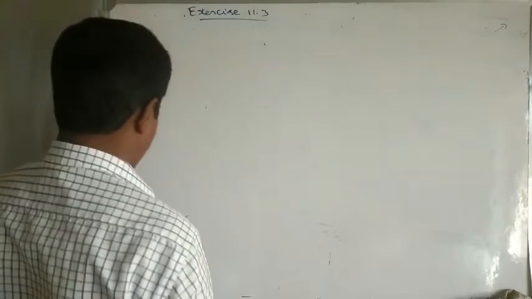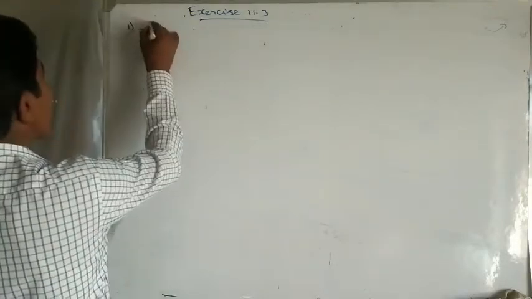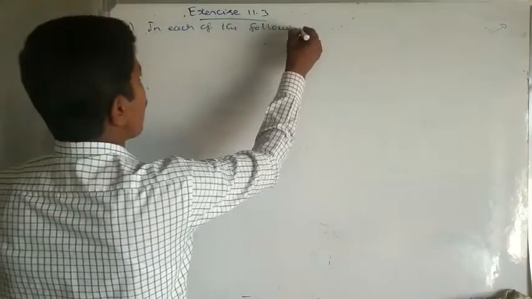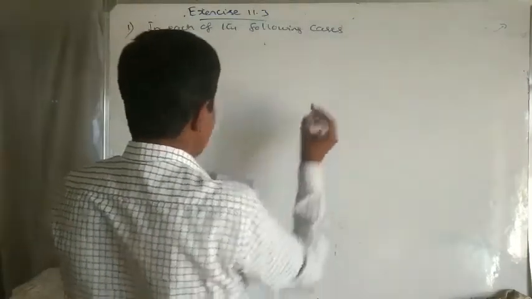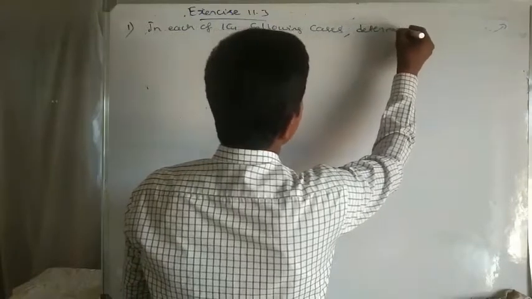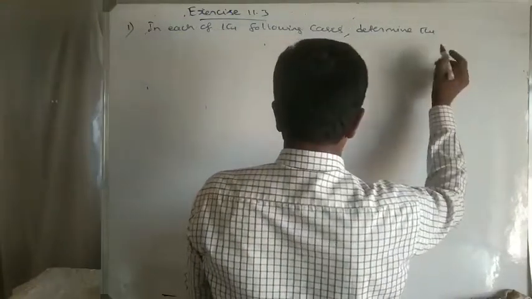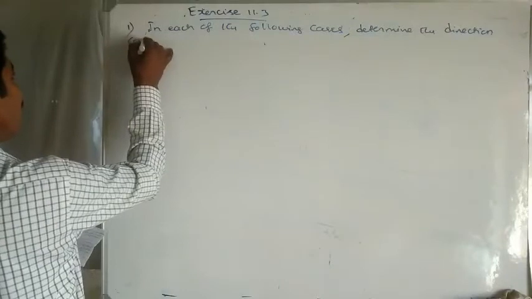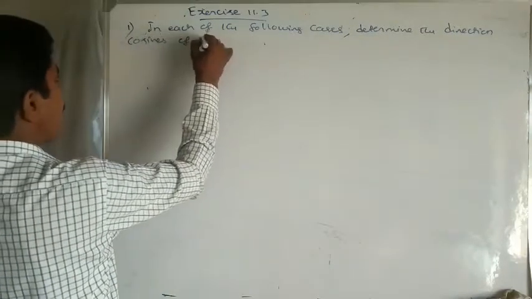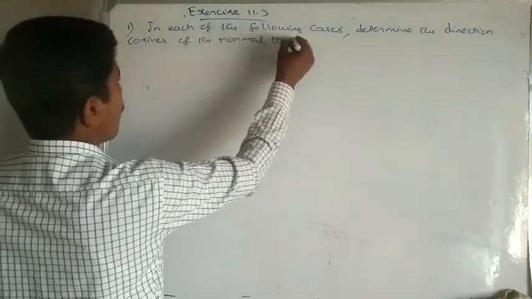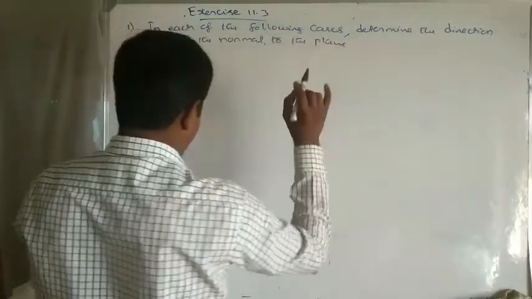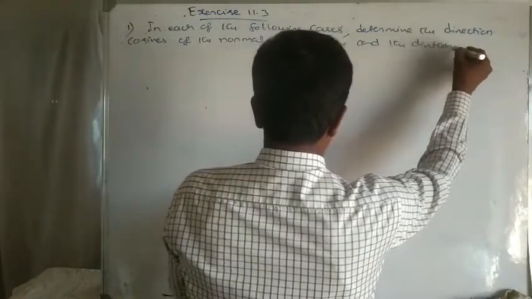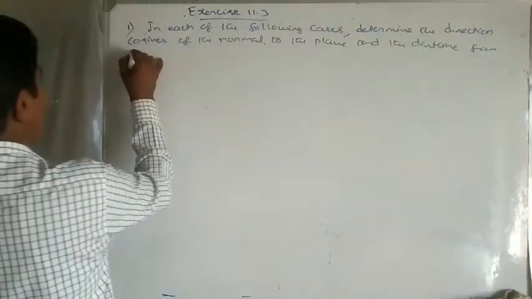First problem. In each of the following cases, determine the direction cosines of the normal to the plane and the distance from the origin.